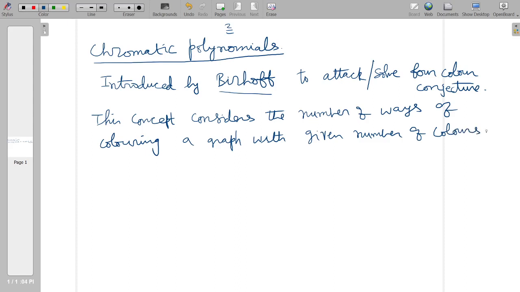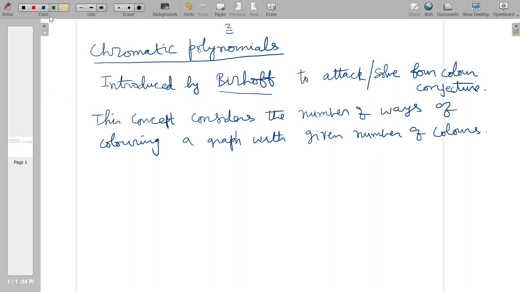So in this case, the number of ways of coloring a graph with a given number of colors can be evaluated using a chromatic polynomial.